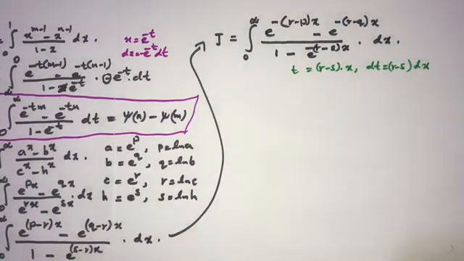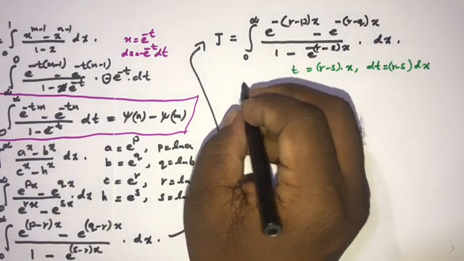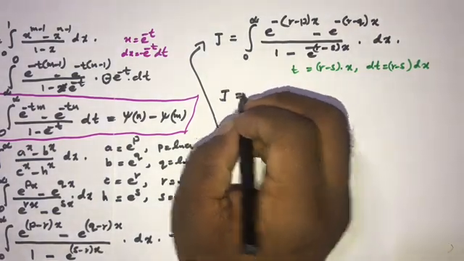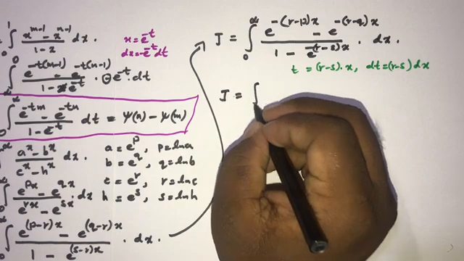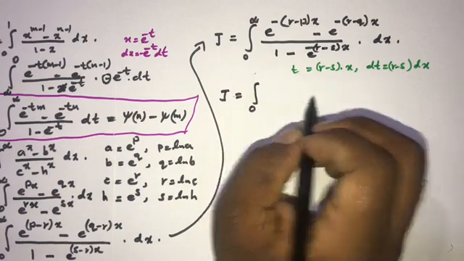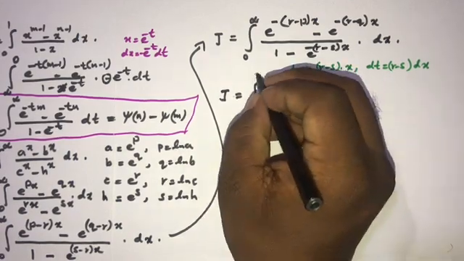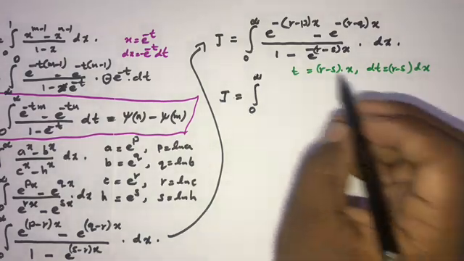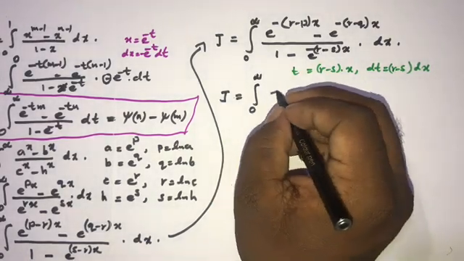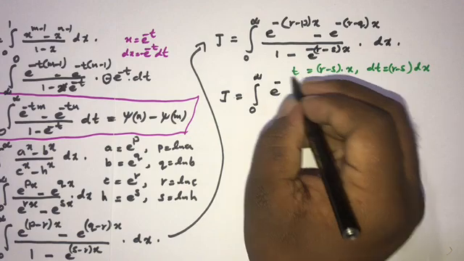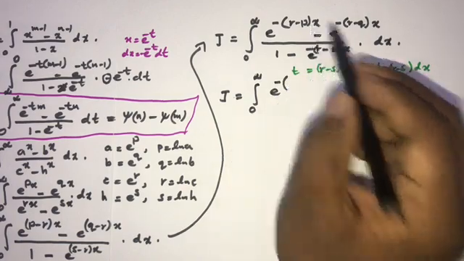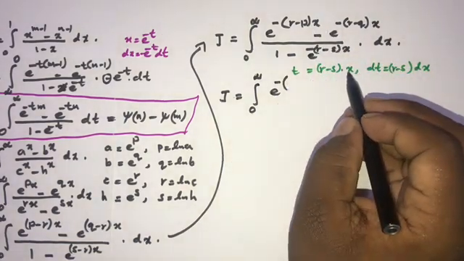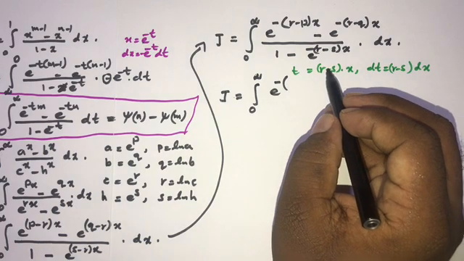Okay, then we can write our integral j is equal to 0 to again infinity. Now here e to the minus, x is equal to, now x is equal to t over r minus s.